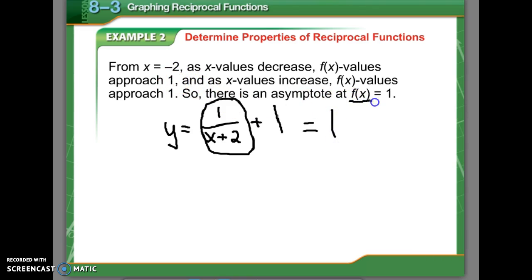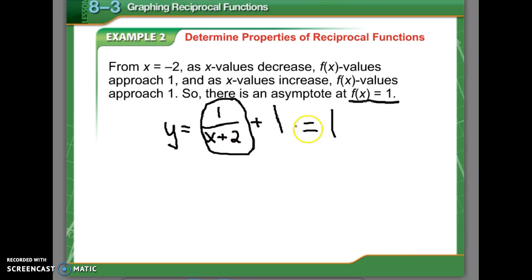So our asymptote is at y equals 1, or f of x equals 1. If I go in the negative direction, really, really far to the left, so close to negative infinity, a really, really large negative number, if I do 1 divided by a really, really large negative number, technically it would be negative 0, but there is no such thing as negative 0, it's still just 0.